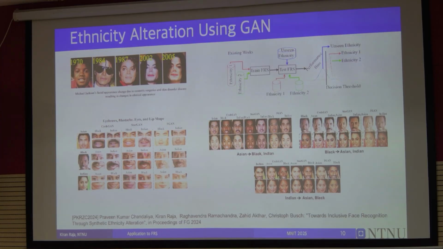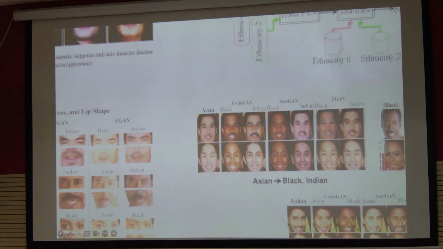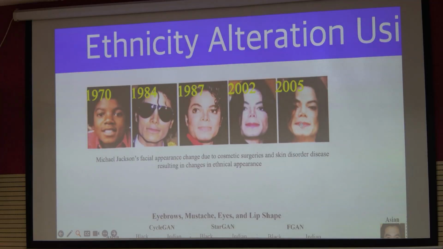So he became a white skinned person, which is one thing, but if you look very closely into the images, you also see that the face image itself has changed. The structure of the face image, the morphology of the face image has changed.